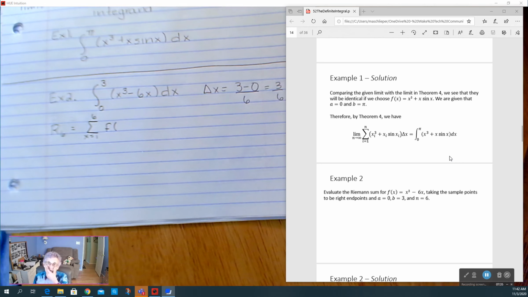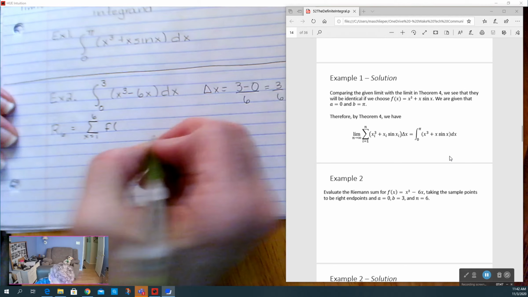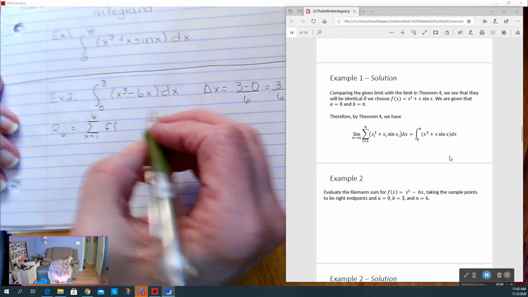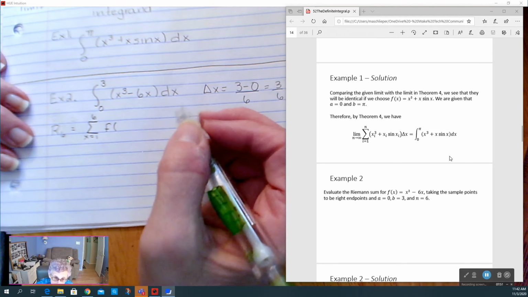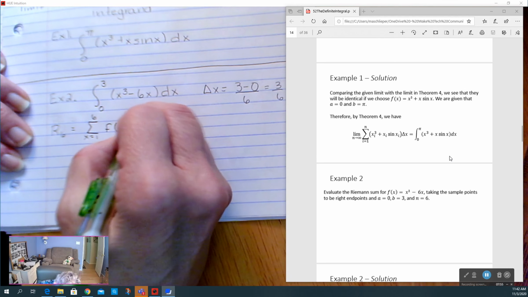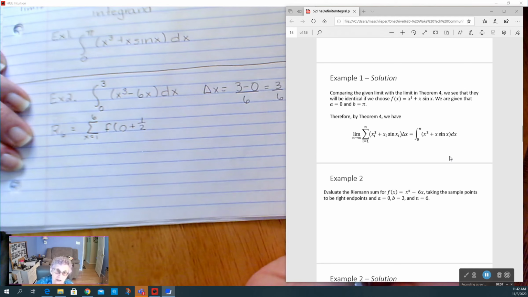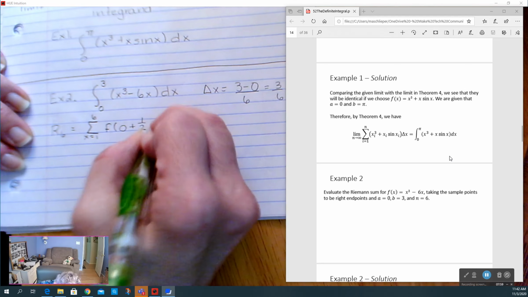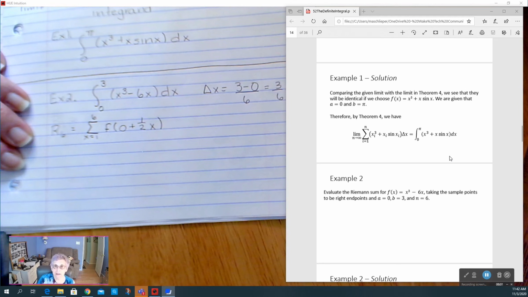Now think about right endpoints. When we do right endpoints, we always want to start 1 delta x away from the starting point. So generically, it would be a plus delta x. Well, a is equal to 0 plus delta x times my index.